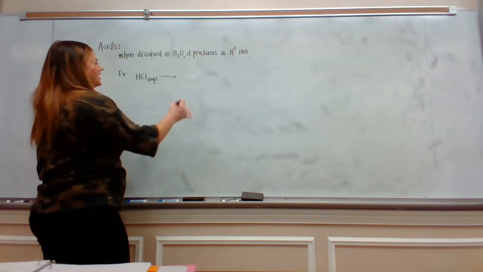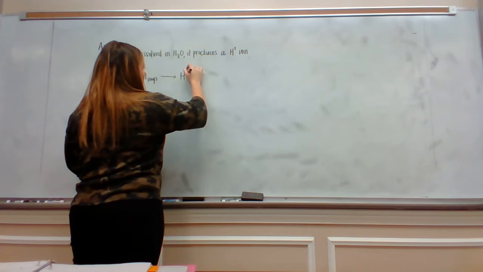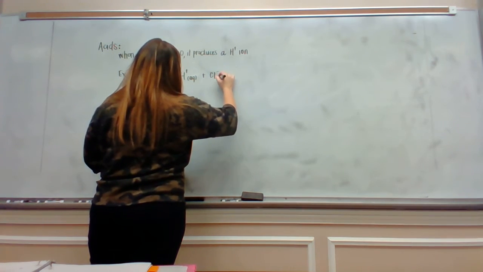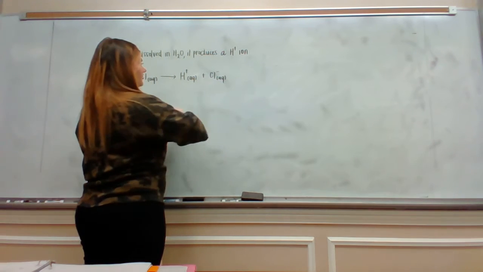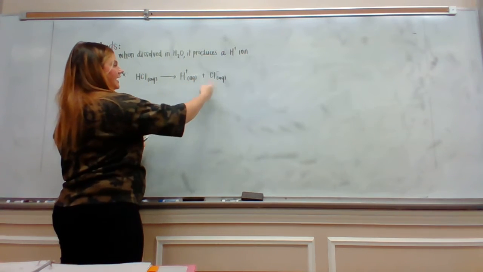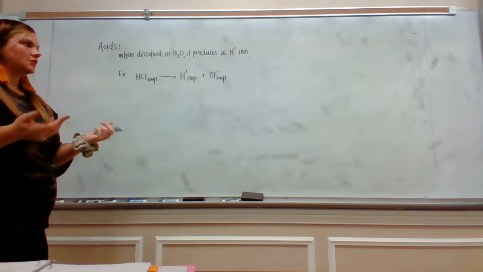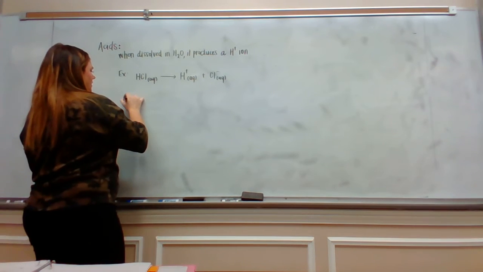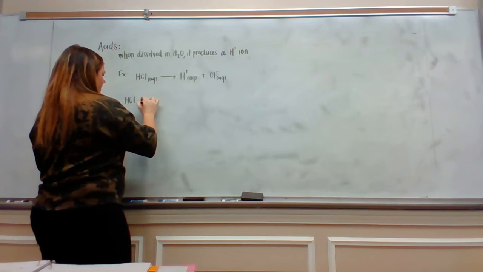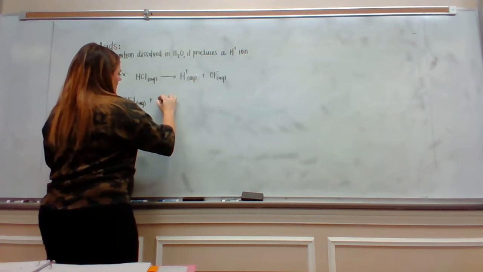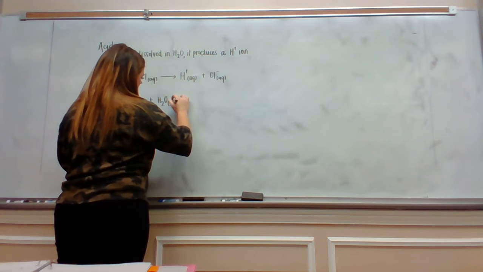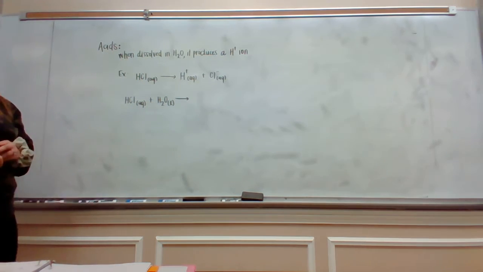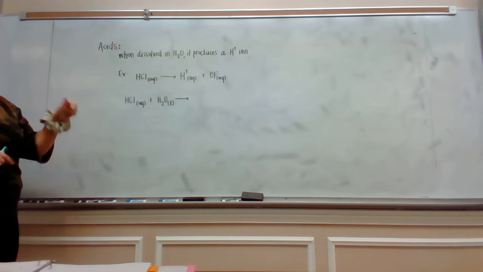Okay, so when this dissociates, it breaks up into a hydrogen ion and the chloride ion. So this is an acid. Another way you might see it written is where you actually add the water.